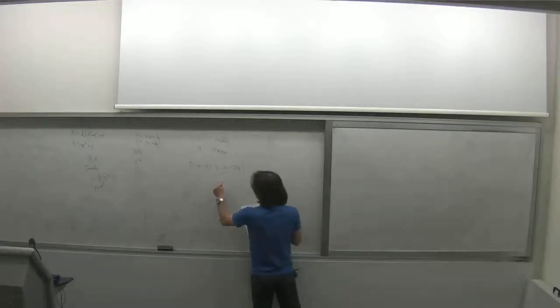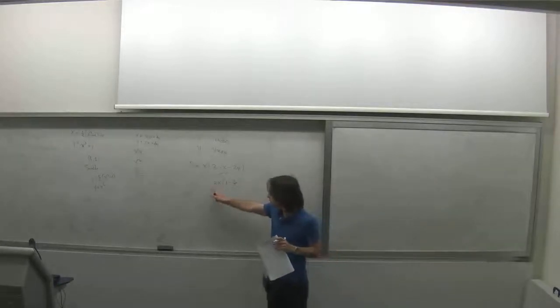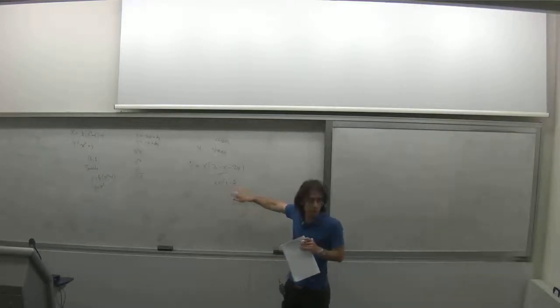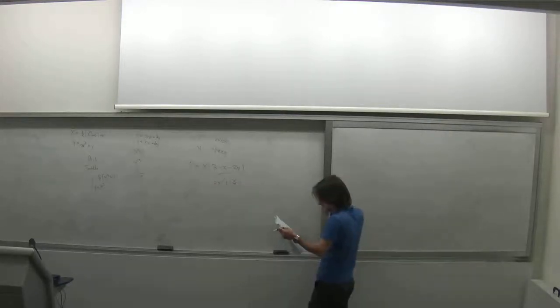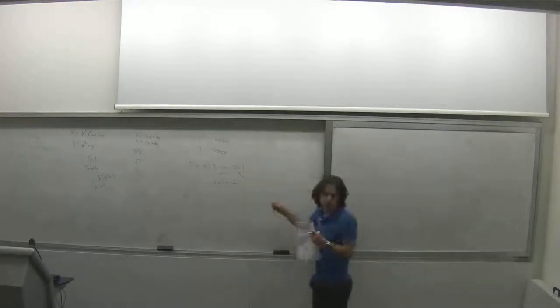It's equivalent to writing 3x times 1 minus x over 3. So it's like a logistic equation with a rate of 3 and a carrying capacity of 3. Now, what we have here is the conflict that we have with the sheep.